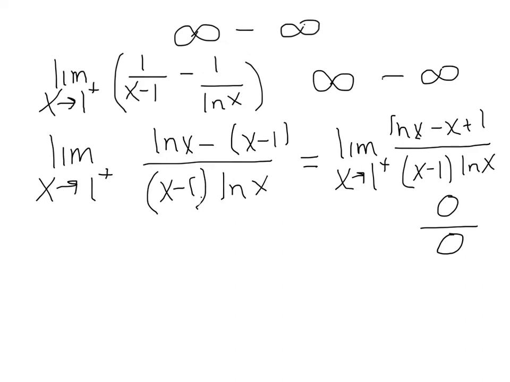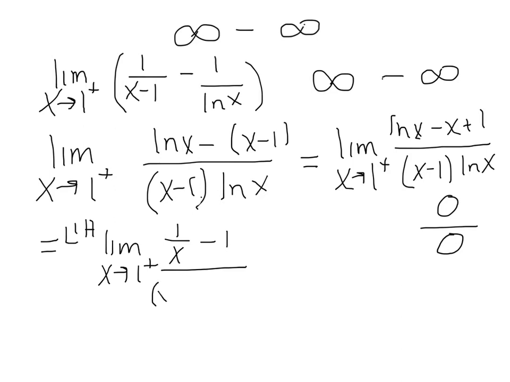So when we apply L'Hopital's rule, we're going to have the limit as x goes to 1 from the right. We're going to take the derivative of the top, so the derivative of natural log of x will give us 1 over x. And then we'll have minus 1 over, and in the denominator here where we have x minus 1 natural log of x, we're going to have to use the product rule.